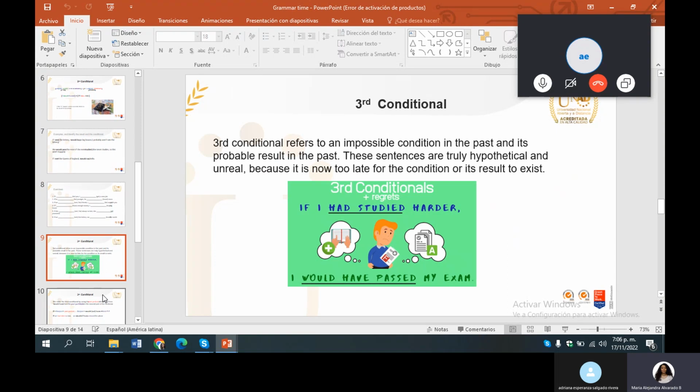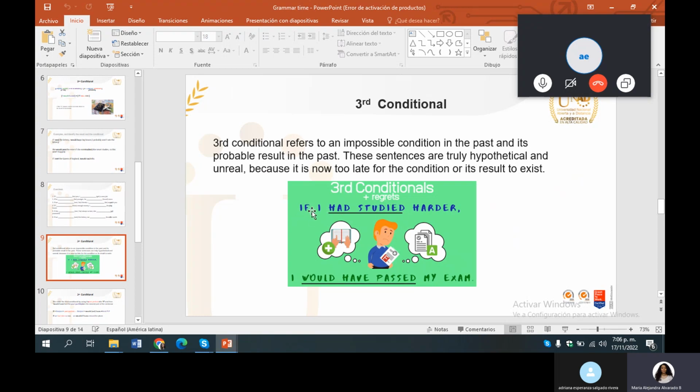Okay. So we have the third conditional. The third conditional refers to an impossible condition in the past, and its probable result in the past. These sentences are truly hypothetical and unreal because it's now too late for the condition or its result to exist. So here we have an example.